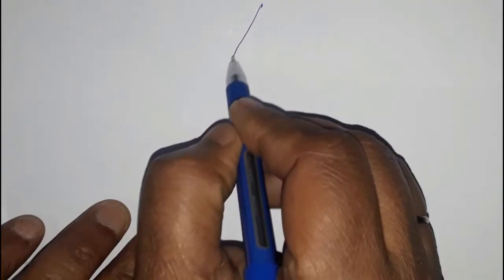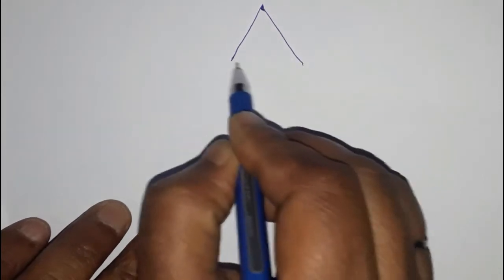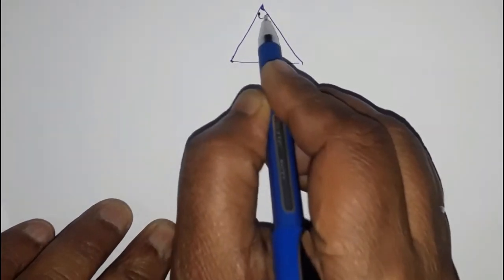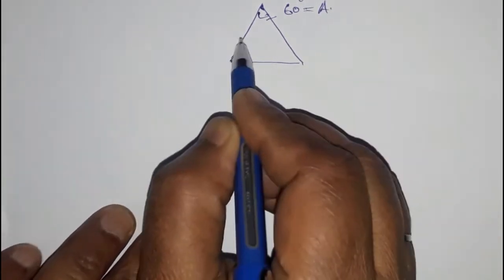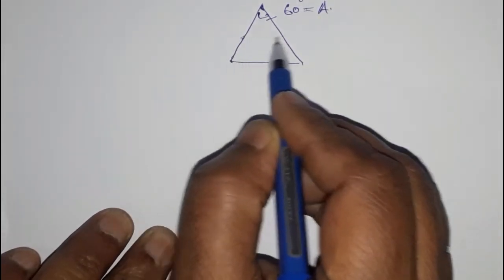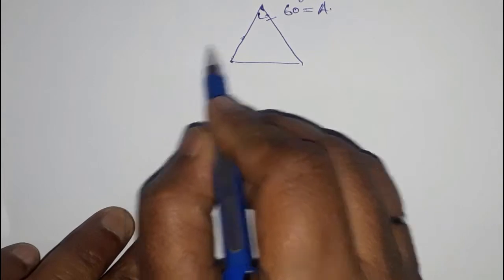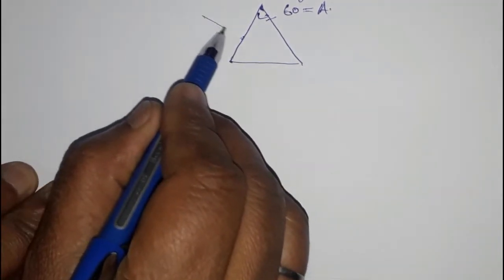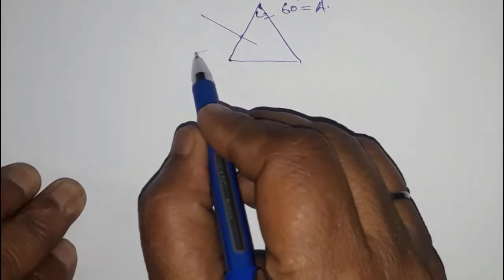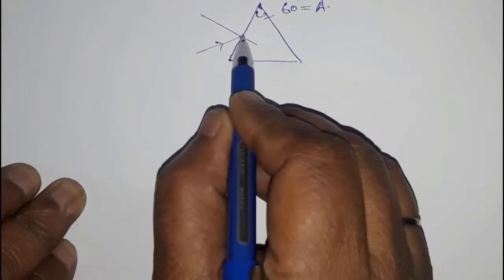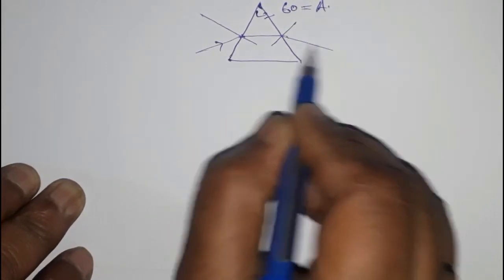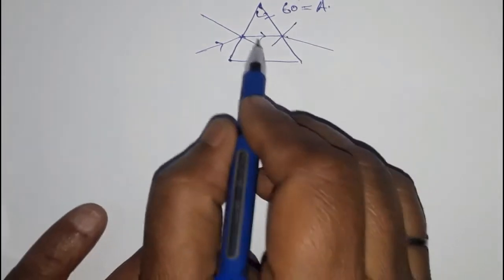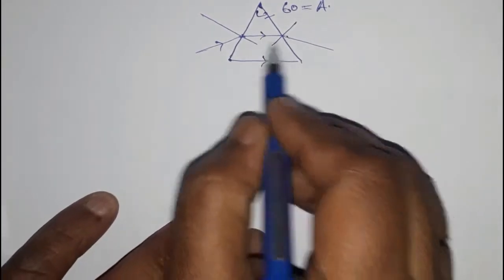That means an equilateral prism is given to you, so this angle is 60 degree, that is equal to A. Now it suffers minimum deviation. If this is the normal and this is the incident ray, in case of minimum deviation, the refracted ray is always parallel to the base.